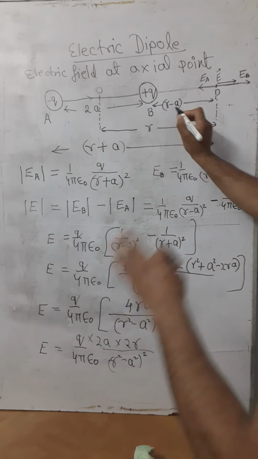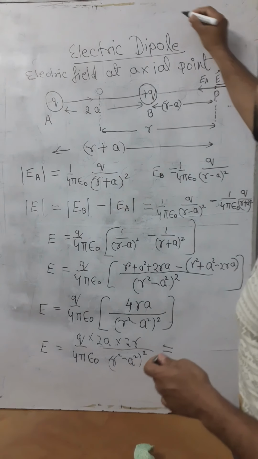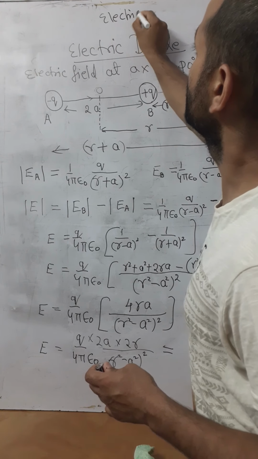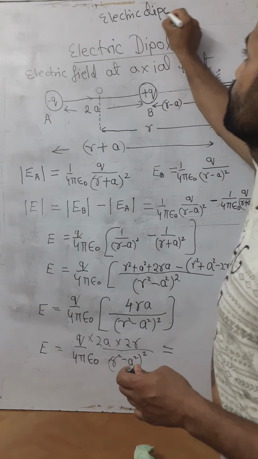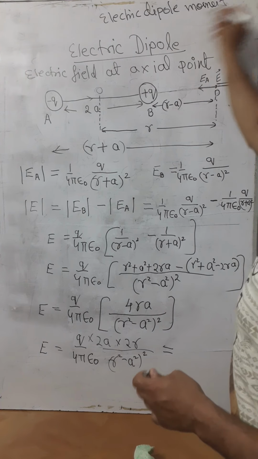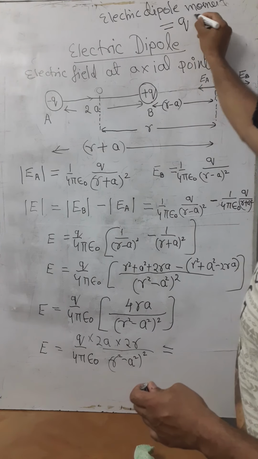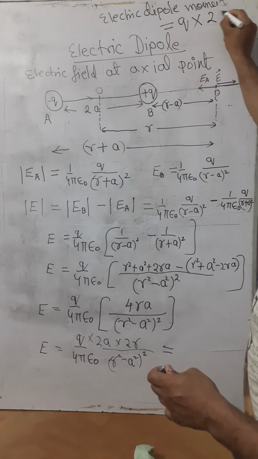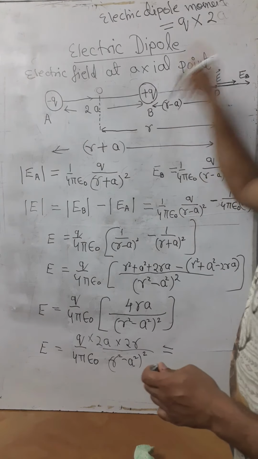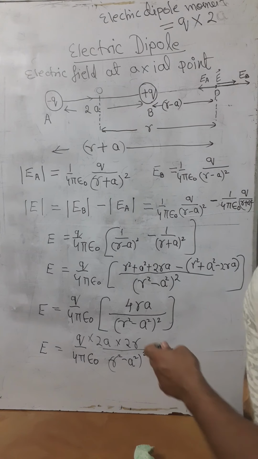I forgot to tell you that the electric dipole moment is equal to either charge multiplied by the distance between them. Q into 2a.